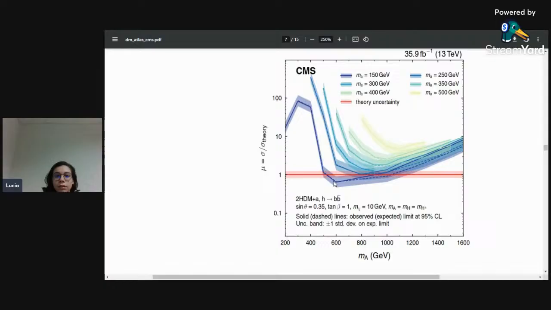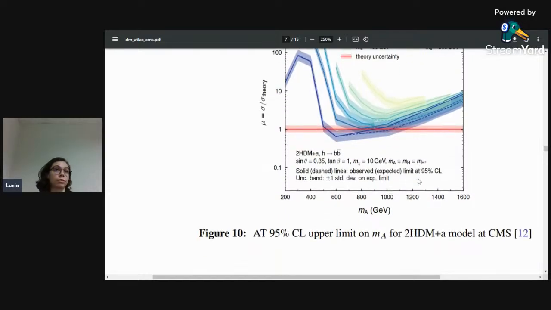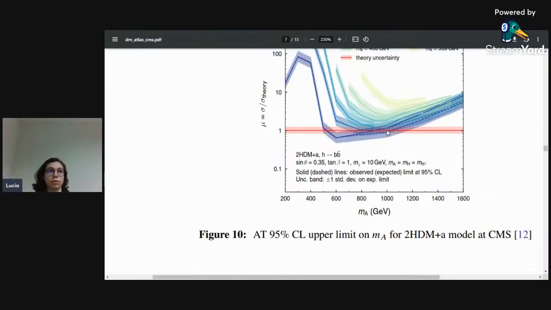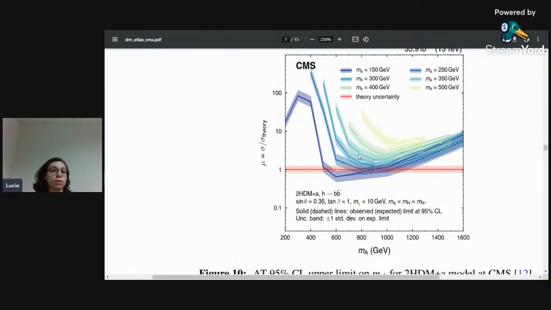As I'm understanding, the parameters that are permitted for this case are the ones that cross this band. If it's inside this band, it's possible, because this is the model uncertainty.